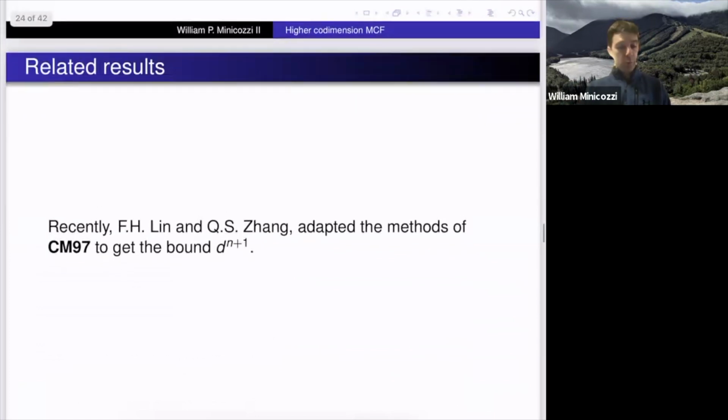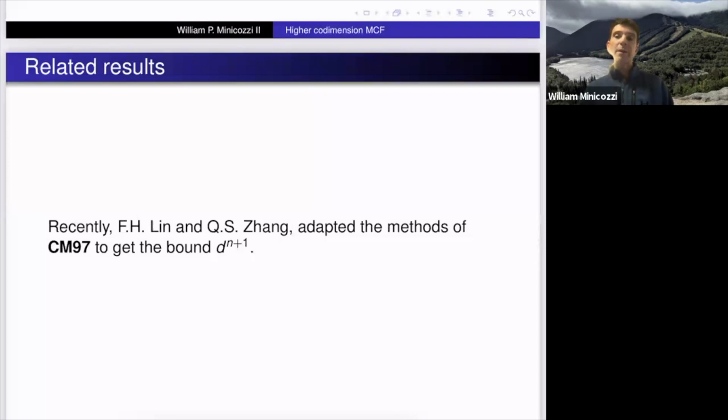Shortly before we proved this, Fanghua Lin and Q.S. Zhang adapted the way that we argued back in the harmonic case to prove the bound d to the n plus 1. This bound d to the n plus 1 is what I would have guessed was the optimal bound. By analogy, in these parabolic problems, you treat time as if it has dimension 2 because of the way it scales relative to space. In the harmonic case, we showed that the exponent for the dimension of HD was the dimension of the space minus 1.